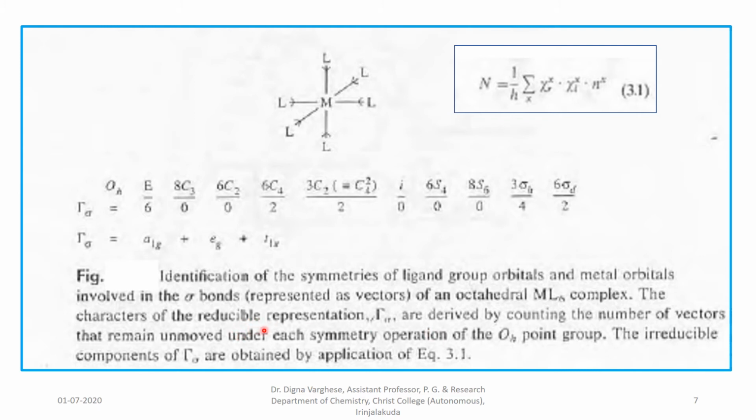The characters of the reducible representation are derived by counting the number of vectors that remain unmoved under each symmetry operation of the Oh point group. The reducible components of lambda sigma are obtained by the application of this equation.